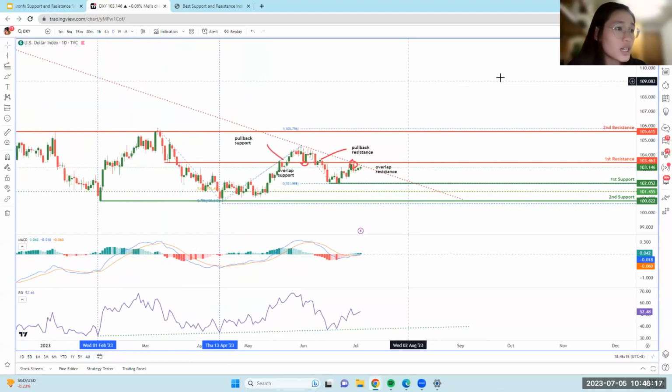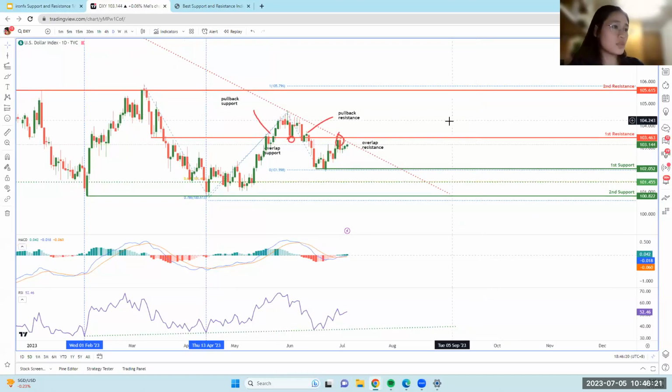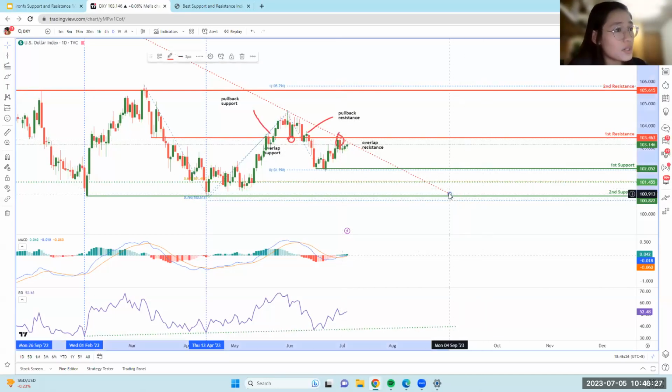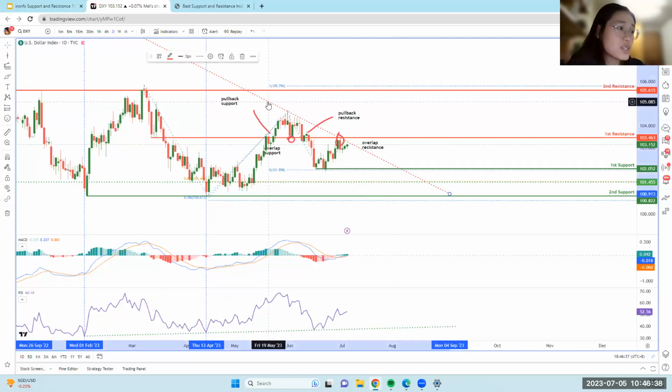Okay, but we won't go in for a buy, or rather we might go in for a buy towards our first resistance, but only until our first resistance. It's not likely that it will break out of the first resistance because we still have a lot of downward pressure from this descending trend line.